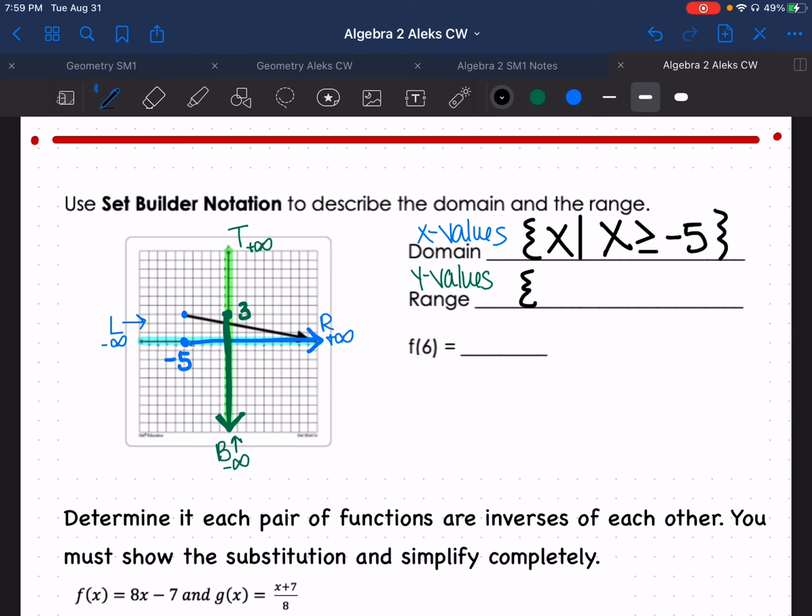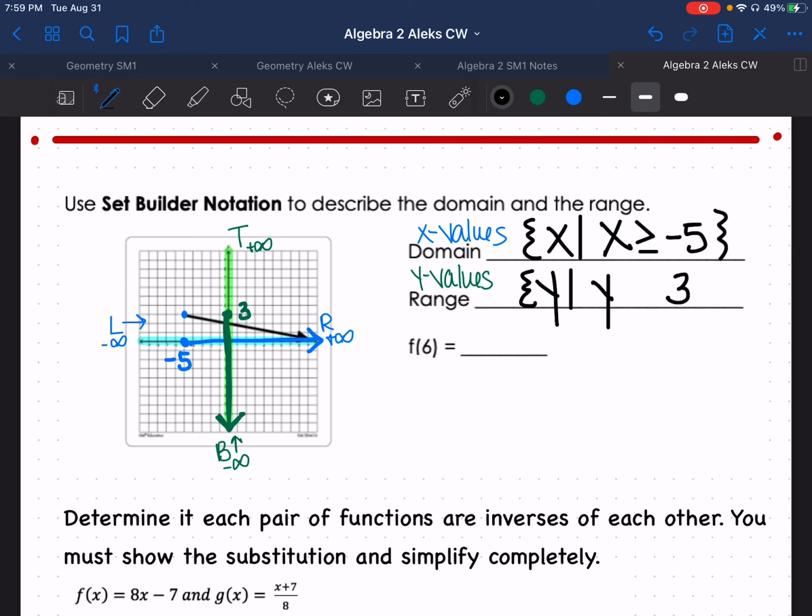Start with the squiggle, use the variable y because that is for range, and then draw your line such that. Don't forget to use the letter y once again, and you're going to use 3. Because you only have one number and an infinity, this is a less than greater than situation, and all you need is y and the number. You need to put y first and then the number.